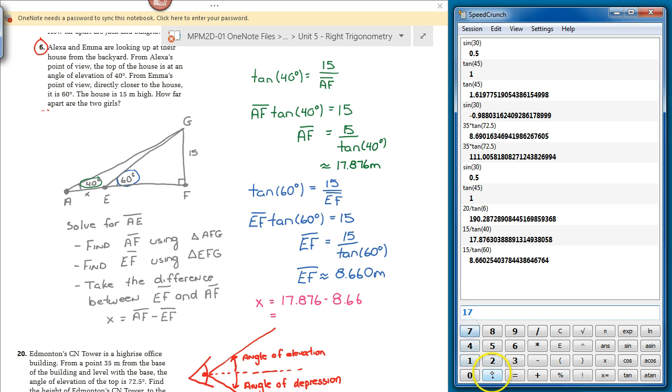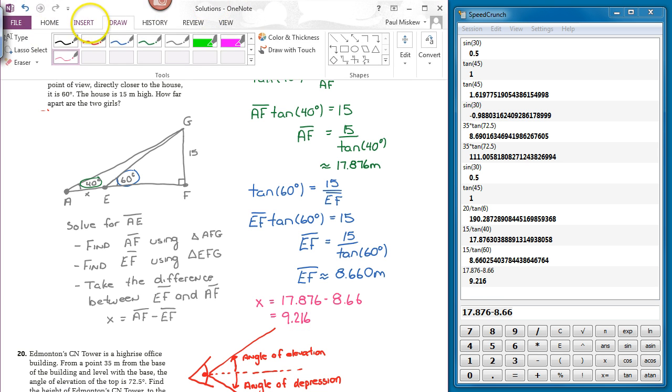So 17.876 minus 8.66, and we get approximately 9.216.